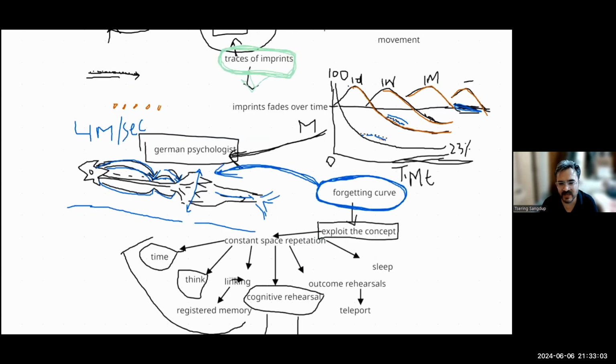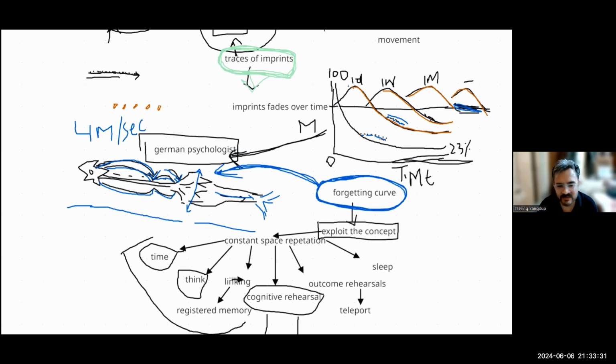To overcome this forgetting curve, a German psychologist experimented on himself, and he said that memory fades over time, and there is a way around it, and that was constant spaced repetition, where we memorize the same thing immediately after 1 hour, then 1 day, 1 week, and 1 month. This is like a revision time, right?